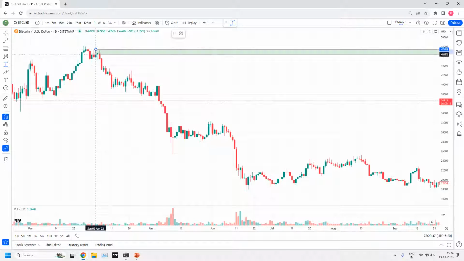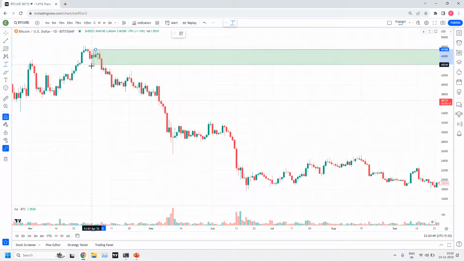Now, the base candle is having the highest value. That's why this is the distal line and this is the proximal line. And what is this pattern? Drop, we have base and then again drop. So this is a drop, base, drop.